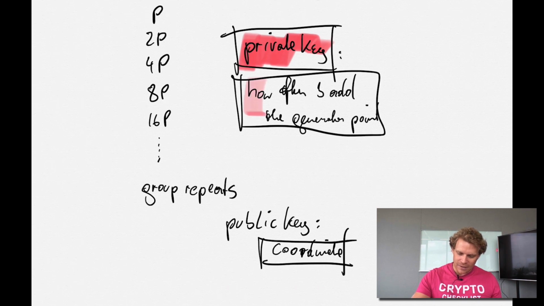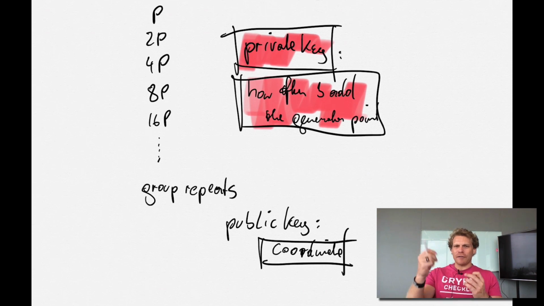The private key is how often I add the generator point to itself. And in theory, I would need to do this 2 to the power of 256 times if I want to test everyone. But because I know exactly how often I do it, I just have to calculate until I get to 2 to the power of 256. It's quite straightforward, quite easy.